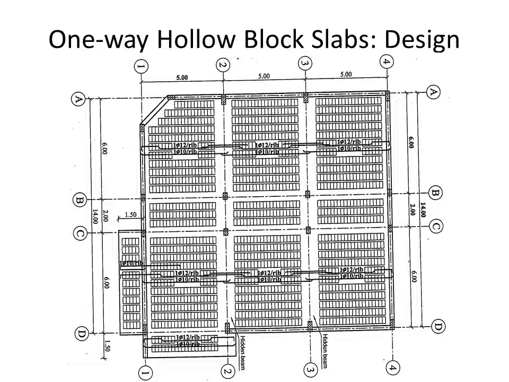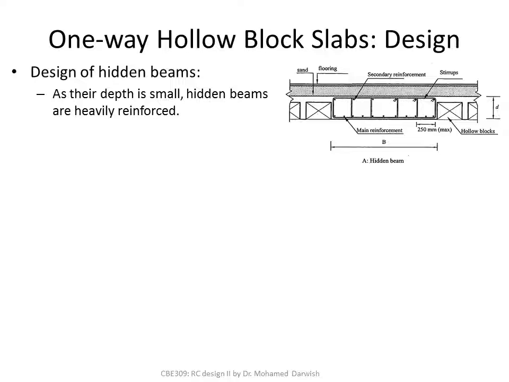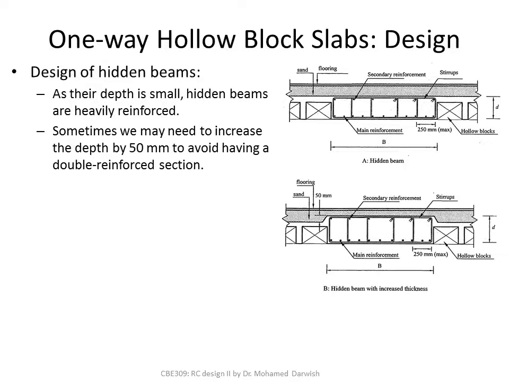You state the reinforcement per rib, not per meter like flat slabs and regular slabs. For hidden beams, the depth is small, however they are wide, so they are heavily reinforced. Sometimes you need to increase the depth by 50 millimeters, so you take part of the flooring within the depth.